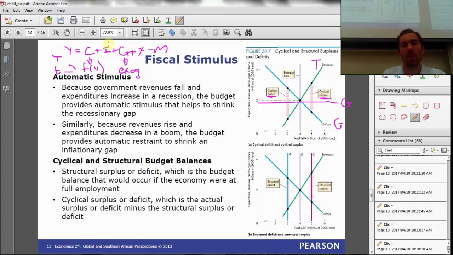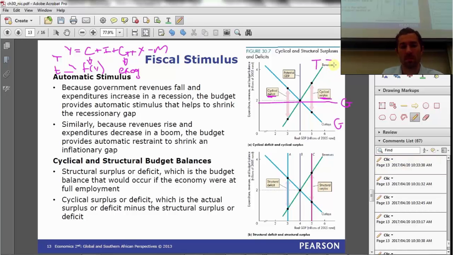That's just how we normally write our equation, as if G is just a horizontal line, right? And if our taxes were in terms of a tax rate, then we would have an upward sloping tax revenue curve, right?